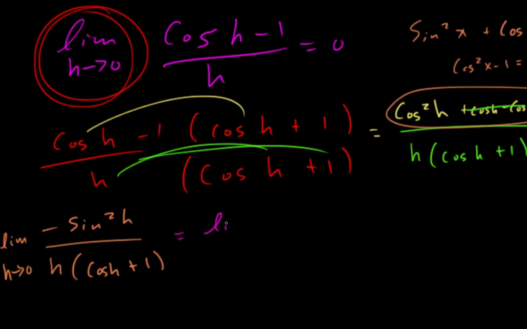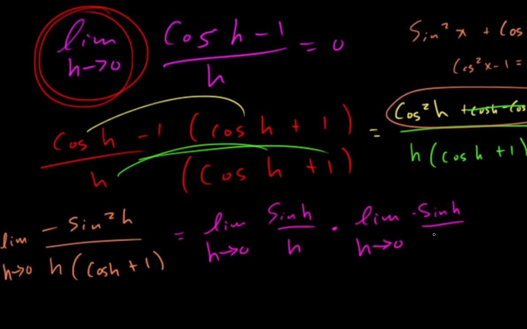But if we break this up into two different limits, we have sine h over h, so I took one of the sines from here and the h right there, multiplied by the limit as h approaches 0, and then we get negative sine h over cosine h plus 1.